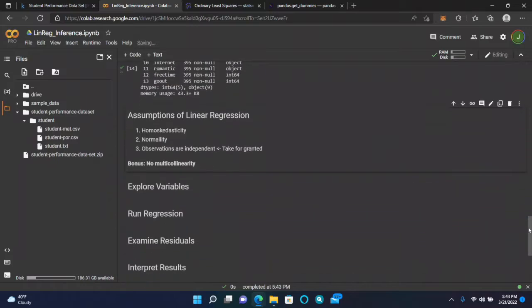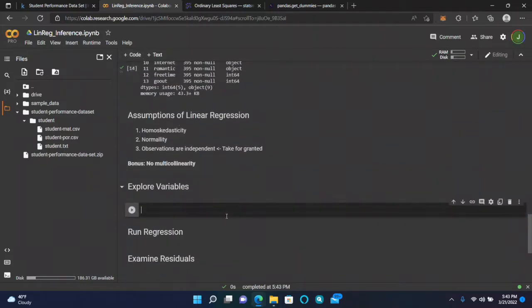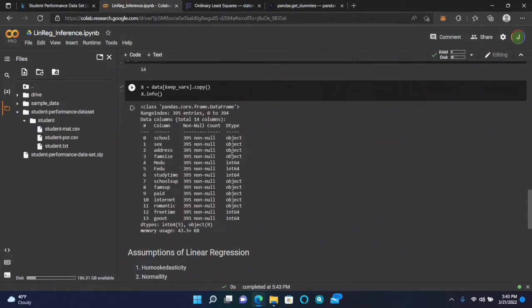All right, we're going to go ahead and explore variables now. We're just going to start by looking at a description. Well, actually what we're going to do is go up here and look at these dtypes. All right, they're mostly objects, which means words, or integers.